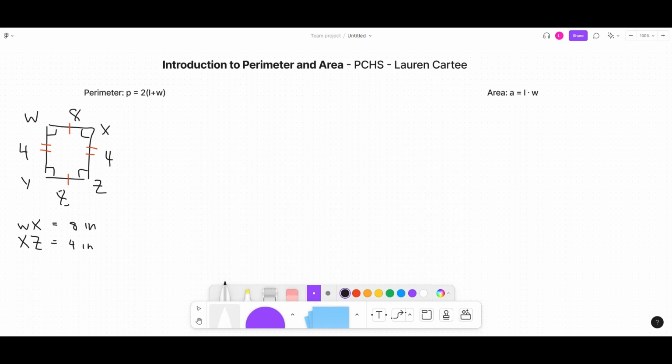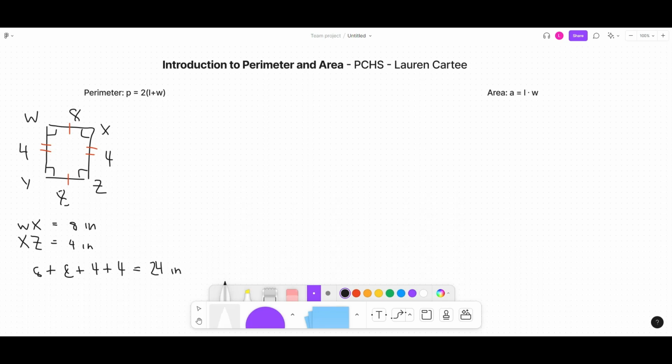From here, we can add each length together to get the perimeter. Again, if we were trying to tape around a canvas so that no paint would get across the borders, we could just add 4, 8, 4, 8 in order to get an accurate idea of how much tape we would need. So if we add 8 plus 8 plus 4 plus 4, we get 24 inches.